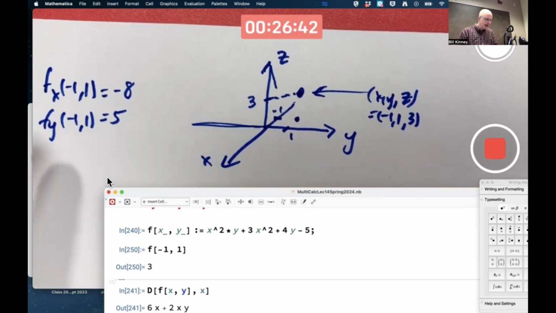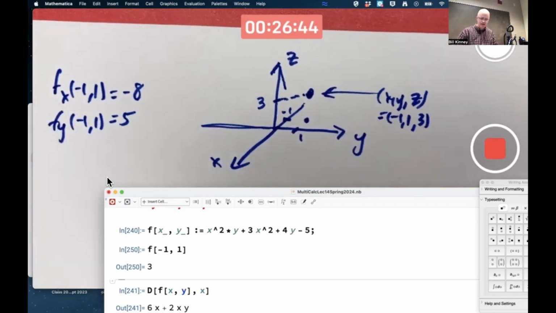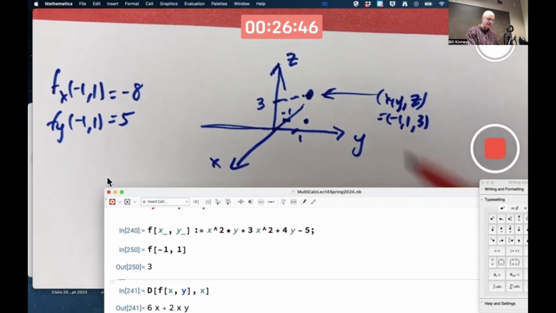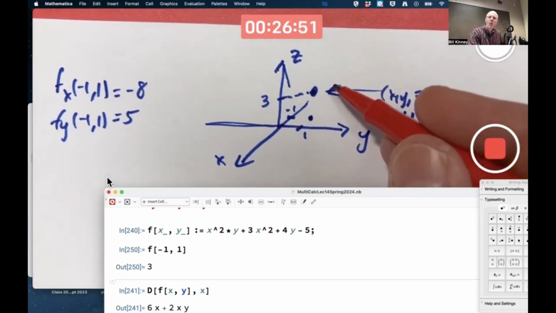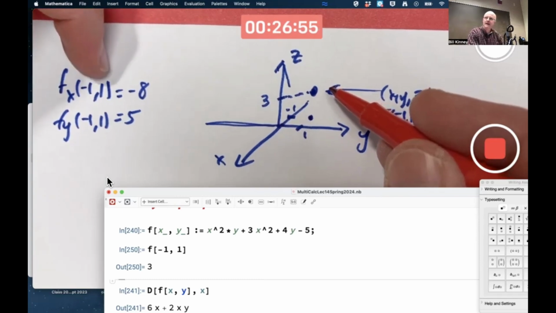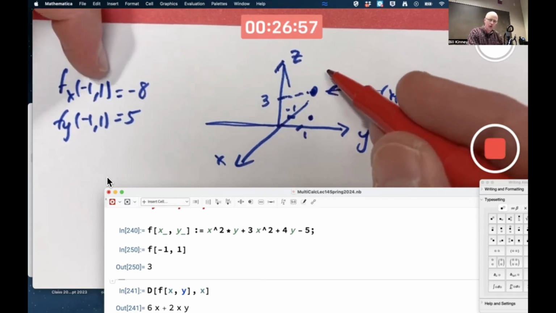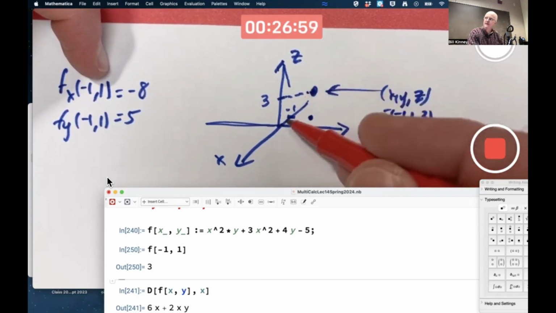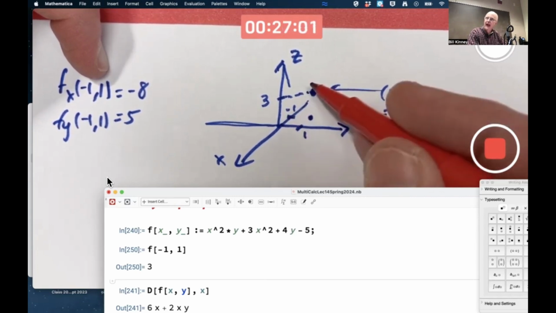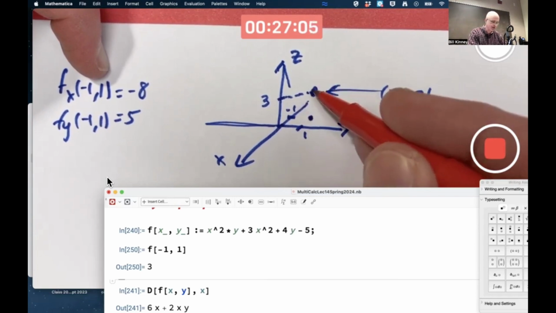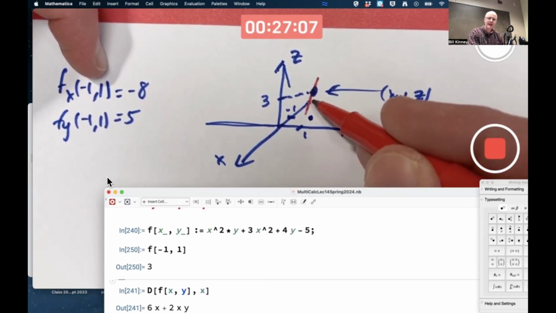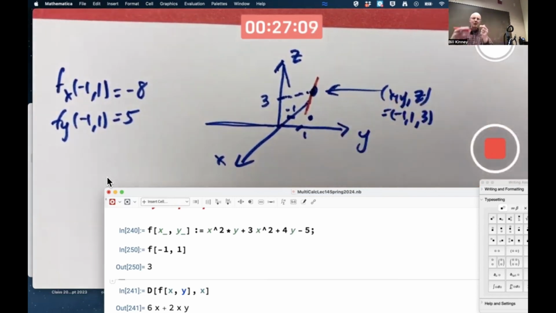The rate of change in the x direction is -8. In other words, if I held y fixed at +1 and graphed the part of the surface at that value of y through this point, the tangent line there would have a slope of -8 in the x direction, which you have to imagine three-dimensionally.